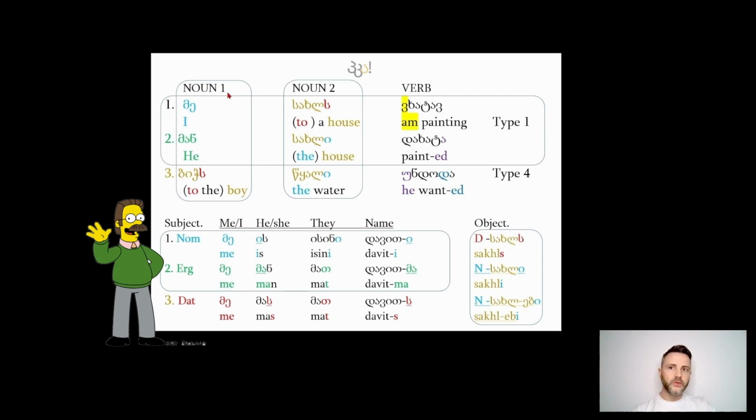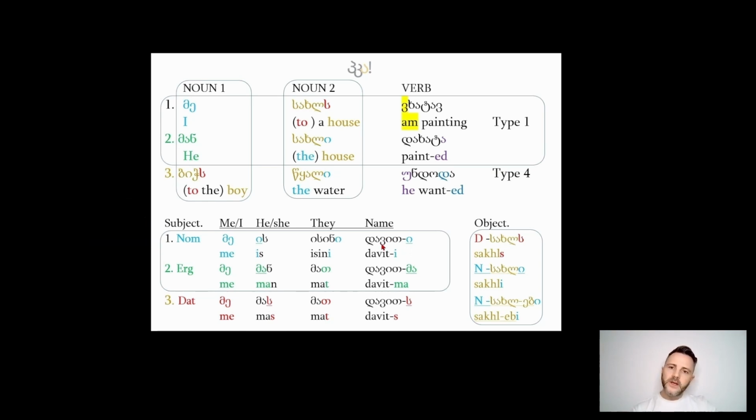These are all noun 1. Me, is, Isini, David-i. Here we've got even the name David in its nominative case ending, so now we can use his name. And so here we've got ergative. Man, not is anymore. Mat, not Isini anymore. David ma. All of these say that the subject did the painting.